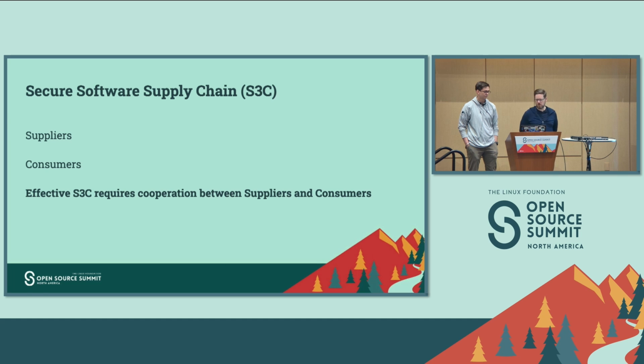And then it's also important to know that consumers are getting what the supplier intended. That's where you'll hear about things like SLSA, things like in-toto, making sure that software was not modified in transit, so to speak.